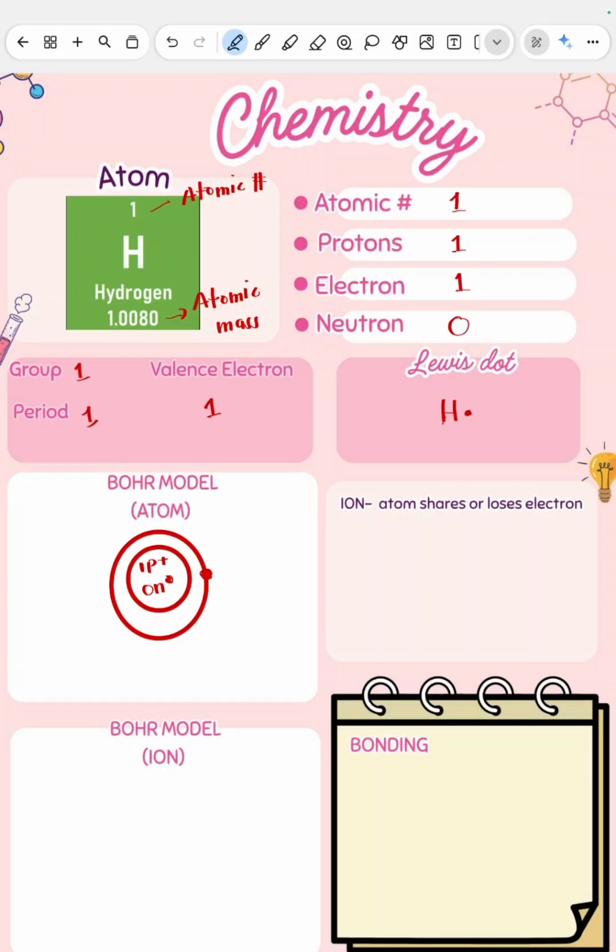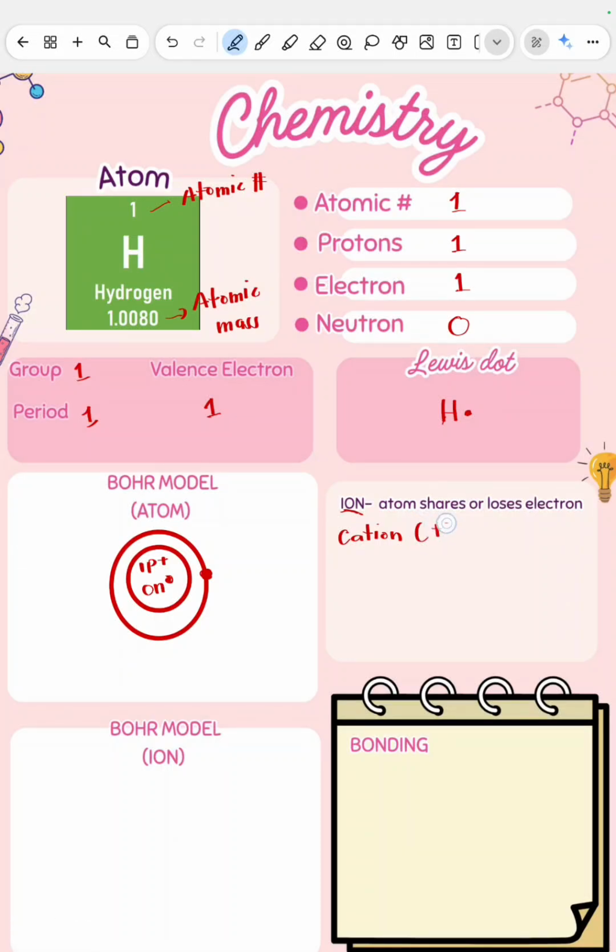Next, if a certain element can gain or lose an electron, it becomes an ion. Now there are different types of ion. First is cation. Cation tells you the atom shares or loses an electron. Since electron is negative, once you lose the negative, it will become positive.